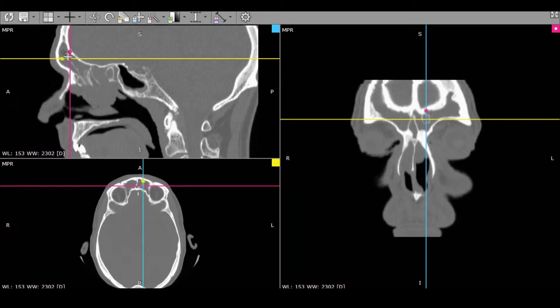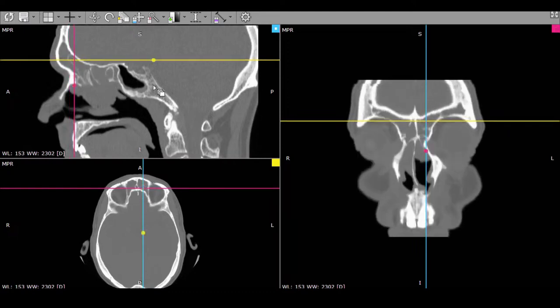Dr. Amit was asking about the frontobullar cell. See, this cell is a posterior cell attached to the posterior table and going far deep into the frontal sinus.